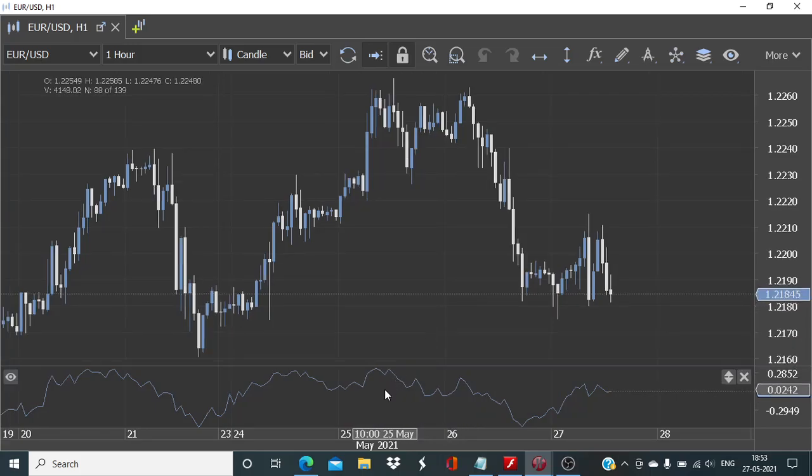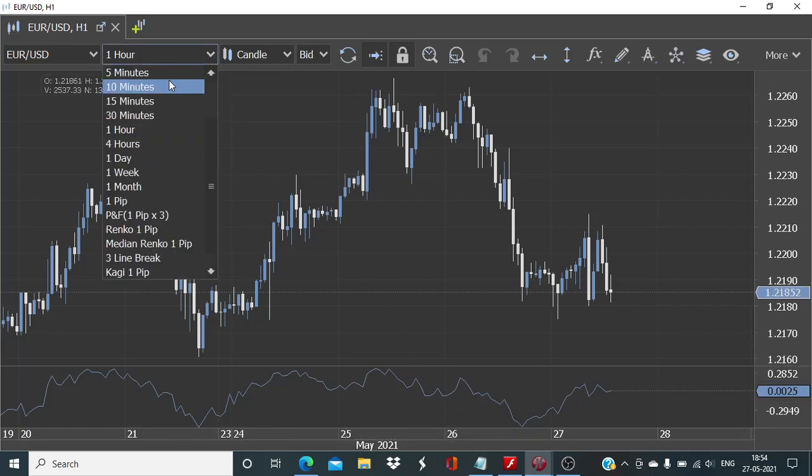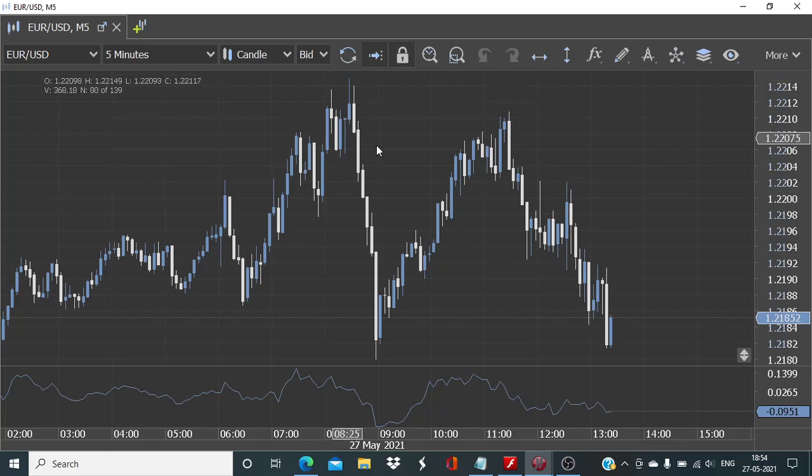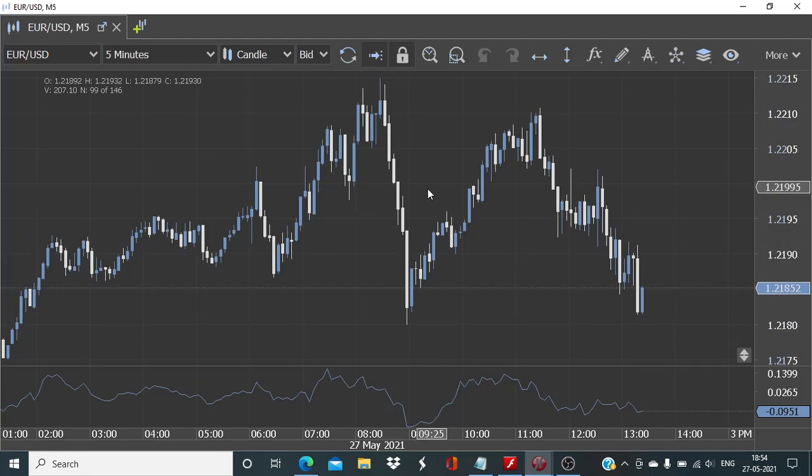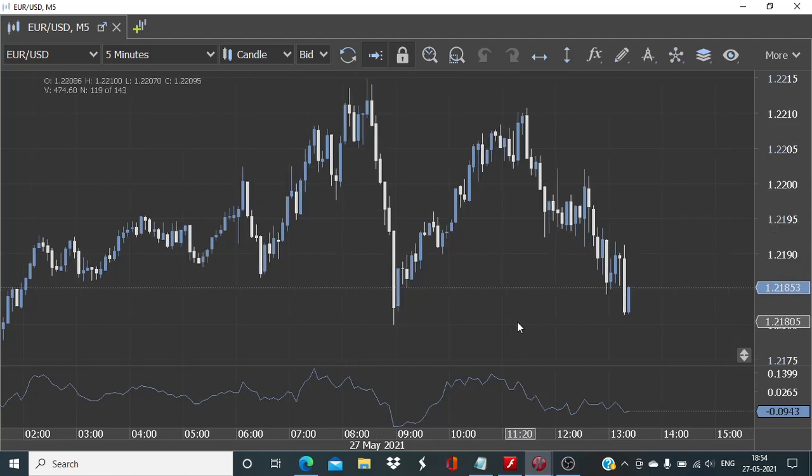And we want the ROC output within the band of 0 to minus 0.2, and if we see that the ROC output is within this predefined band, then we will start looking for the execution of the sell trade provided the 5-minute conditions get fulfilled. And on the 5-minute time horizon, we want the trade to be initiated as and when we see the momentum gaining strength on the bearish side.